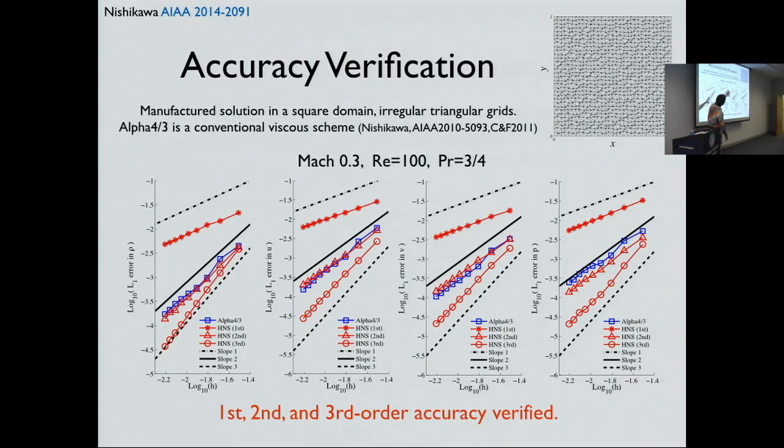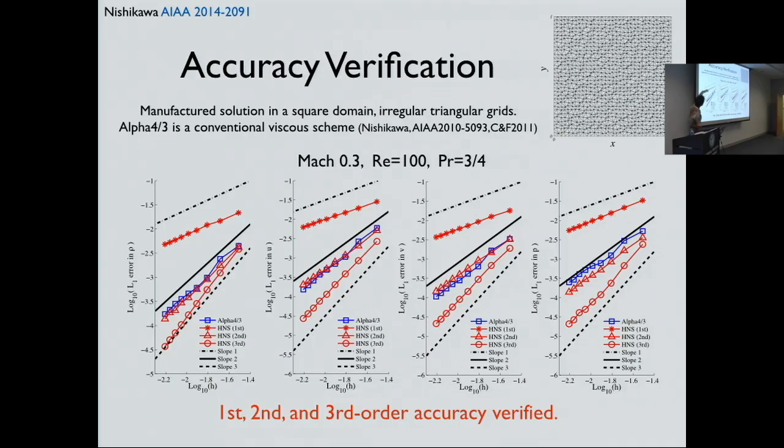So accuracy verification in a square domain, irregular grid, and Mach number 0.3, some parameters there. And I compare this hyperbolic scheme with a conventional scheme. Conventional scheme has the same Roe flux and alpha damping scheme, some least square based viscous scheme, second order accurate. So these are the primitive variables, the errors in the L1 norm.